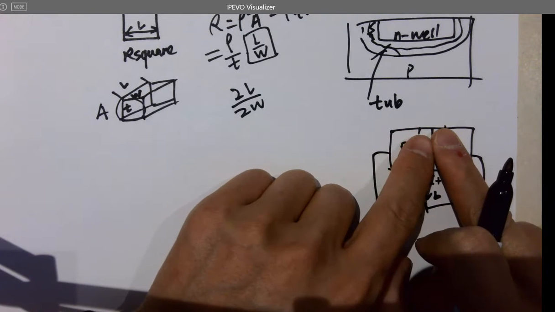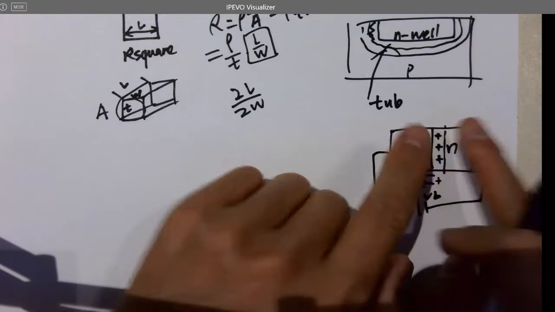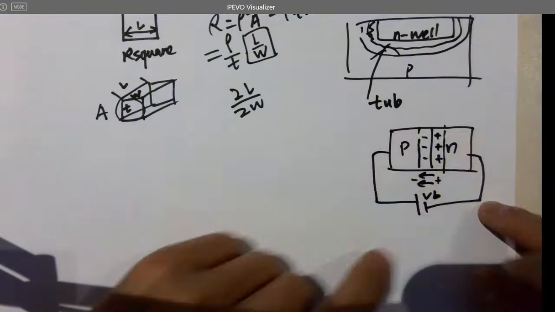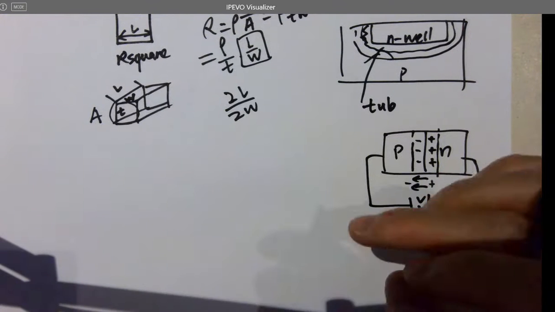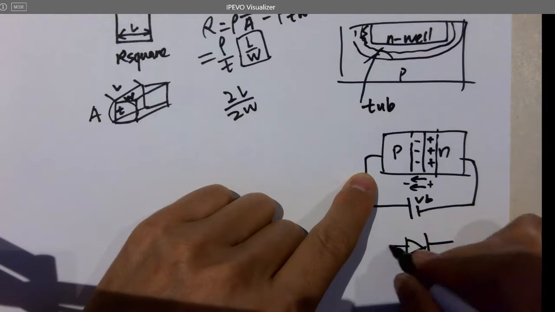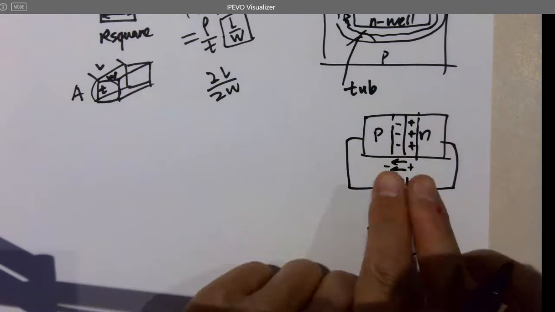Smaller. Why? How to remember it? When it's narrow enough, the electrons can just tunnel through. Okay, that's how to remember it. Because the diode can only work when you forward bias it, right? So that's why it's getting narrower.